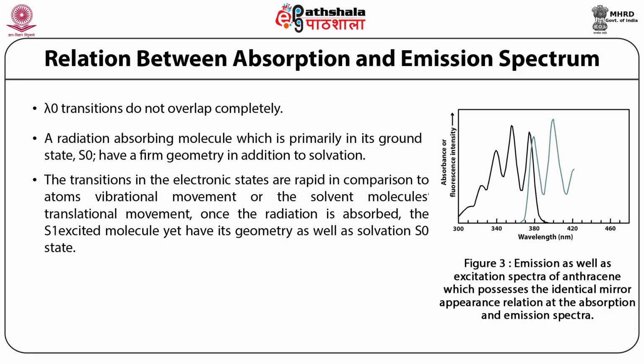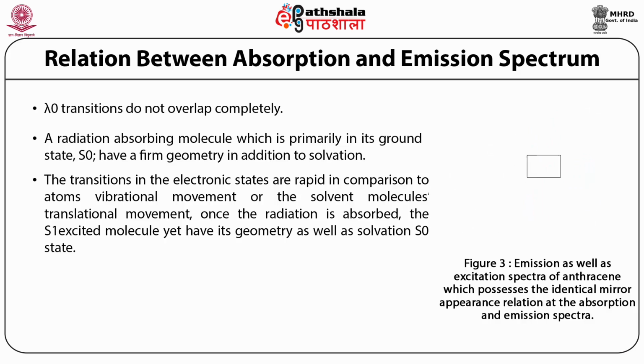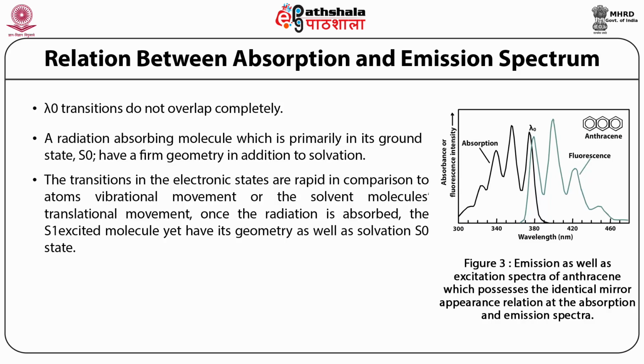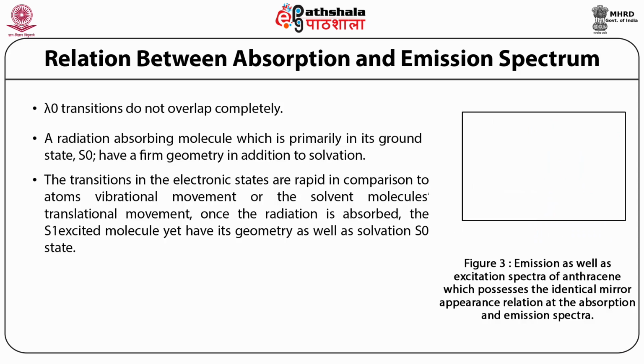This S1 excited molecule yet has its geometry as well as solvation not strict. Geometry in addition to solvation is modified to an utmost appropriate amount soon after the excitation. This rearrangement lowers the energy of the excited molecule.